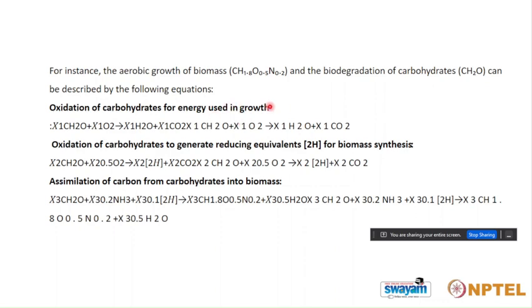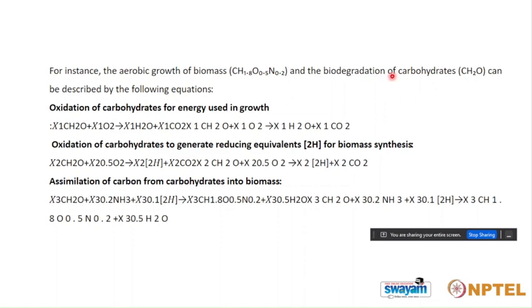A certain part of the oxidized carbohydrate can be utilized for growth, a certain amount can be utilized for the reducing equivalents for the synthesis of biomass, and a certain amount of carbon can be utilized for assimilation of the elements into biomass. So this is how a carbohydrate is utilized.